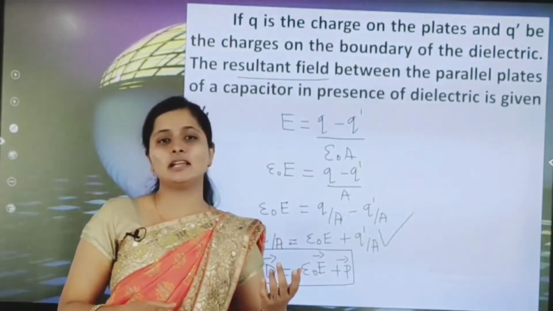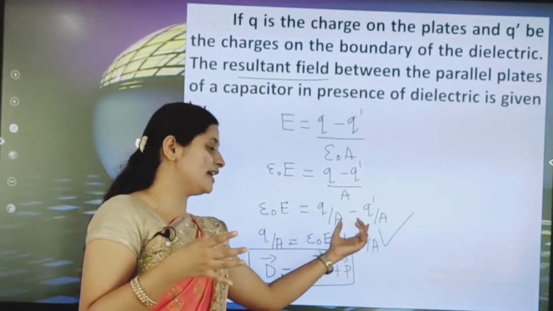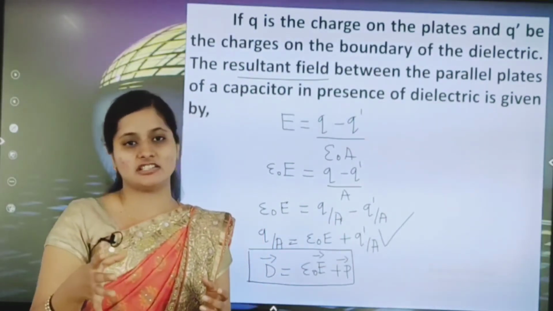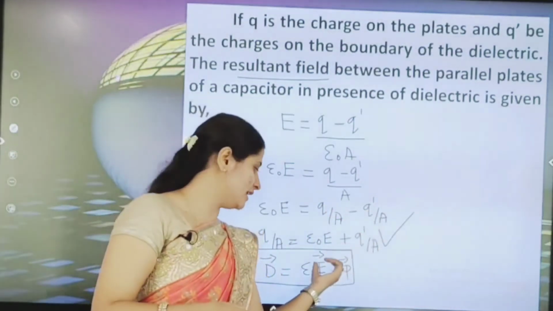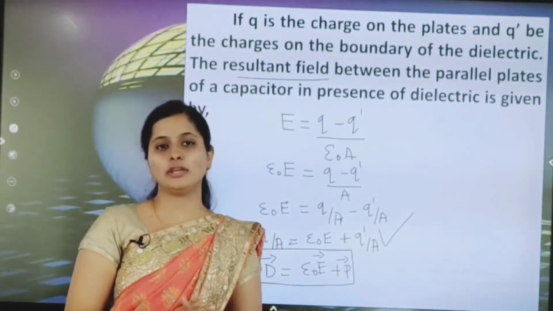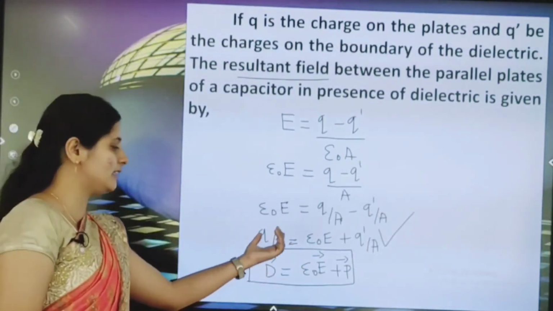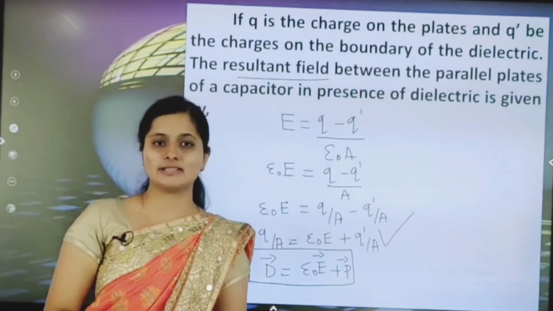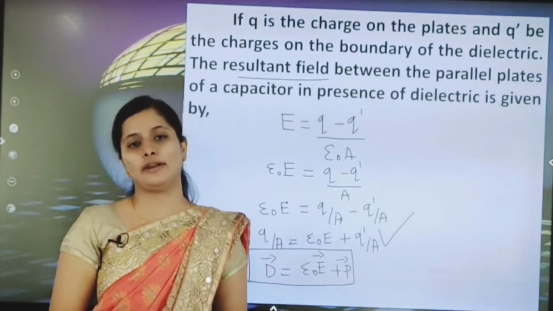By the electrically polarized we are getting the induced charges. So our Q dash is nothing but the induced charges. So for that we are taking Q dash by A here as polarization. Okay, so this is the relation between the electric displacement, electric field and the polarization, and all D, E and P are in a vector form.